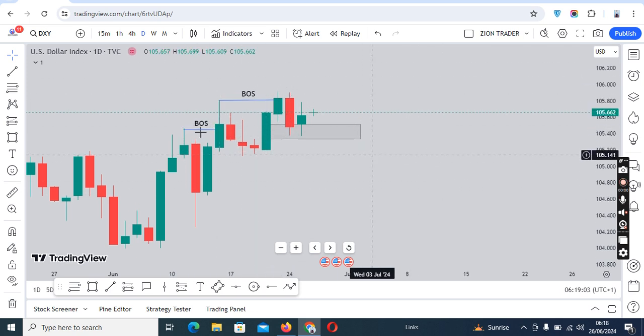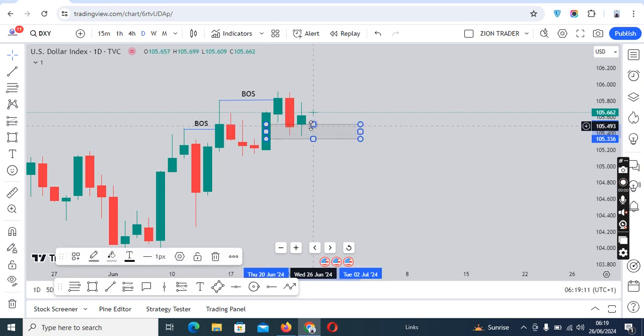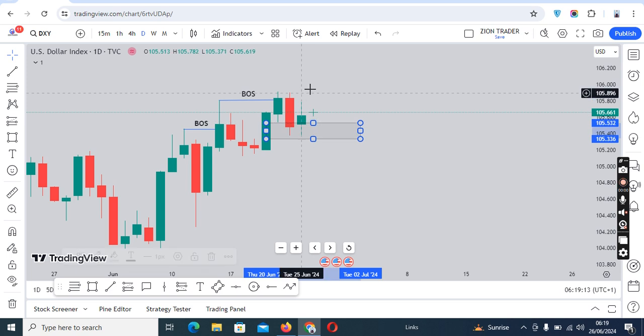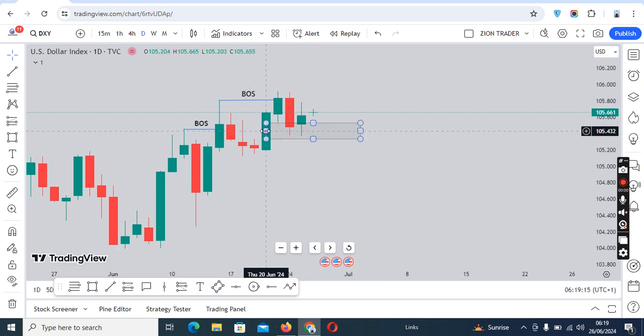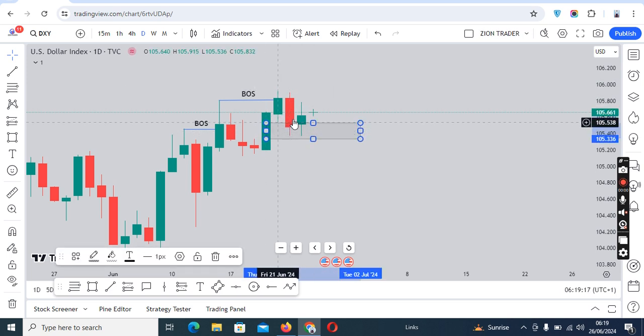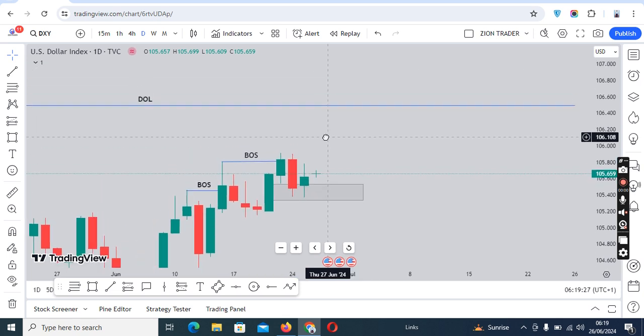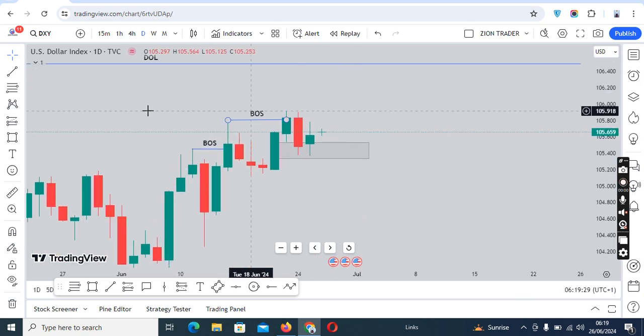All right guys, as we can see right here, we are bullish on the dollar, and I did mention this on Sunday. If you check episode 6 of my daily directional bias playlist, I mentioned that I was looking for price to sell into this fair value gap here, and then from here I would love to see price trade higher to take out this draw on liquidity.